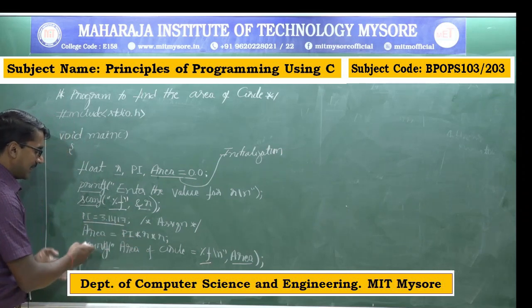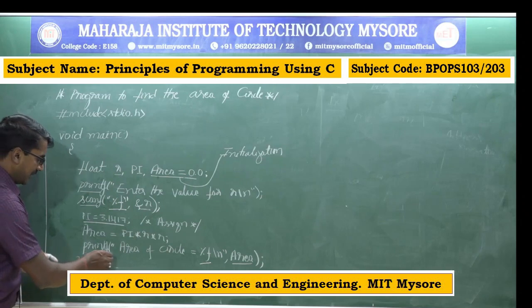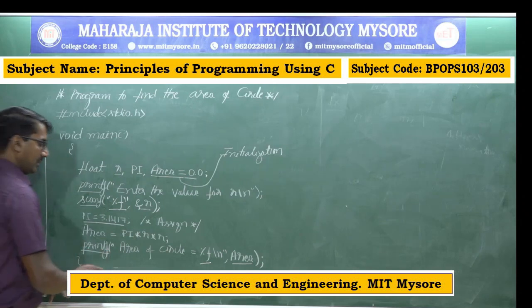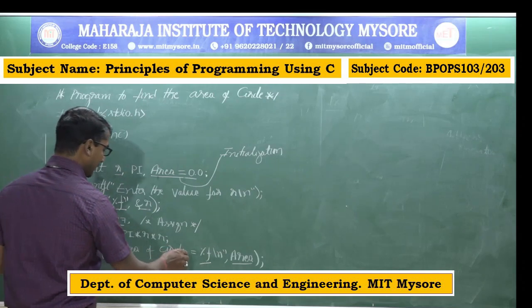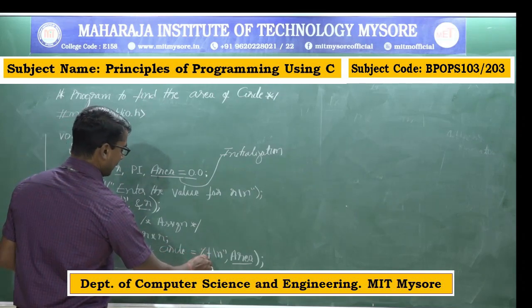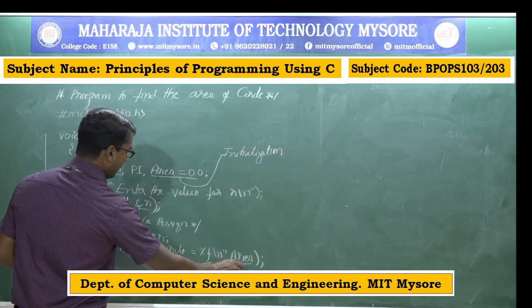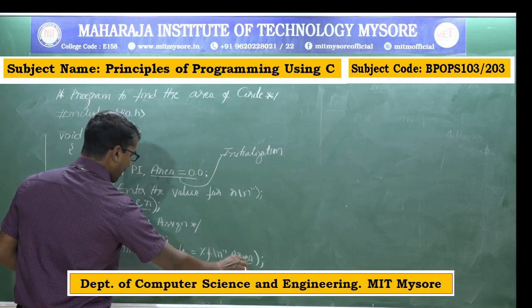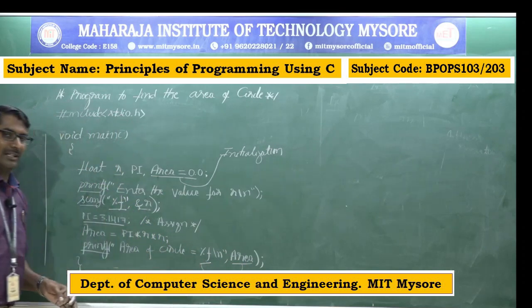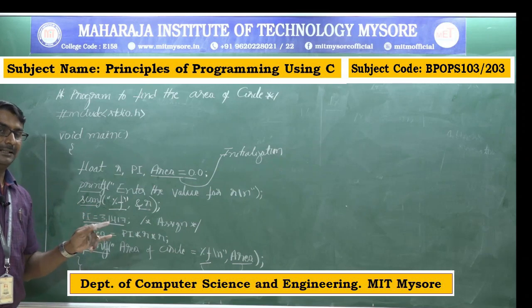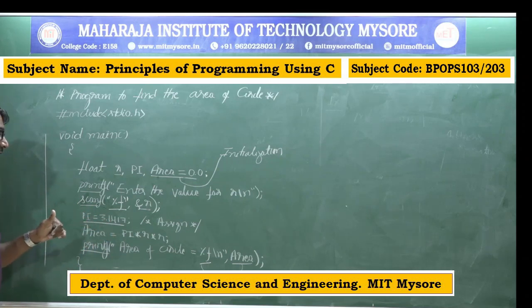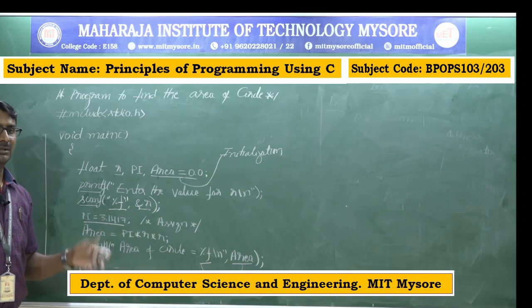After calculating the area, we display the result using the printf function. Within double quotes, we specify the string area of circle is equal to %f, converting the value of area to floating point, and it will display on the computer monitor. This is an example program to illustrate variable declaration, initialization, assignment, and reading a value into a variable.